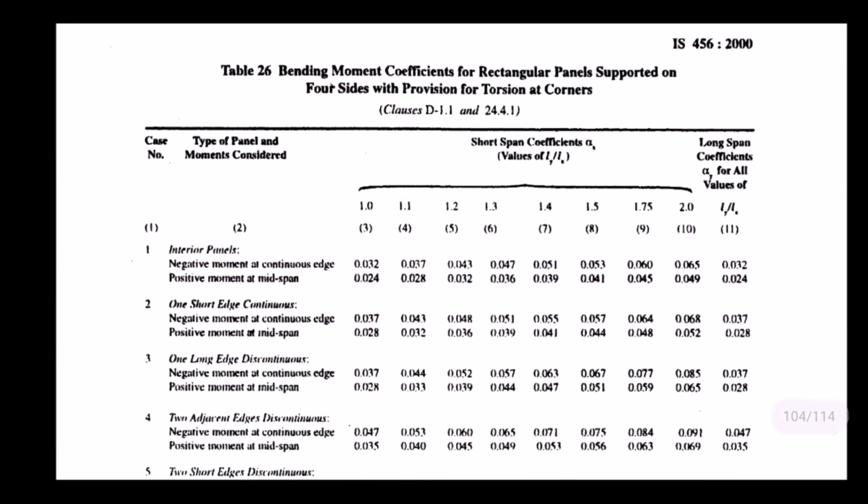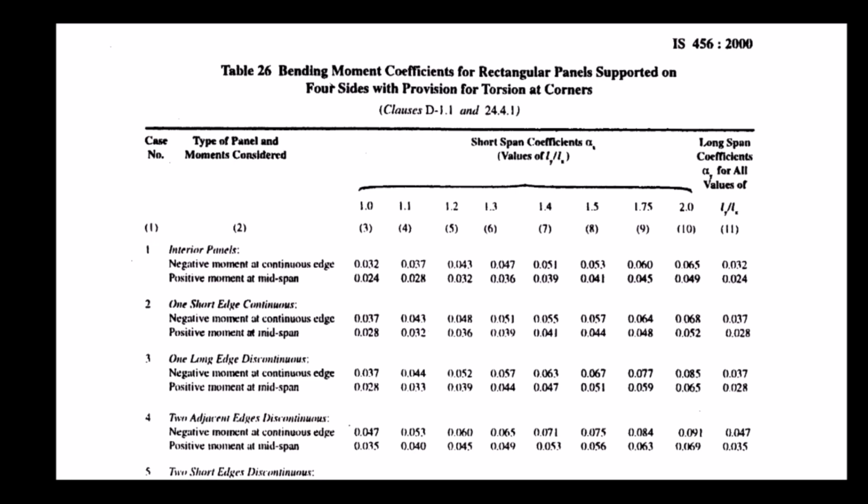So table number 26 is the bending moment coefficient for rectangular panels supported on 4 sides with provision for torsion at corners.